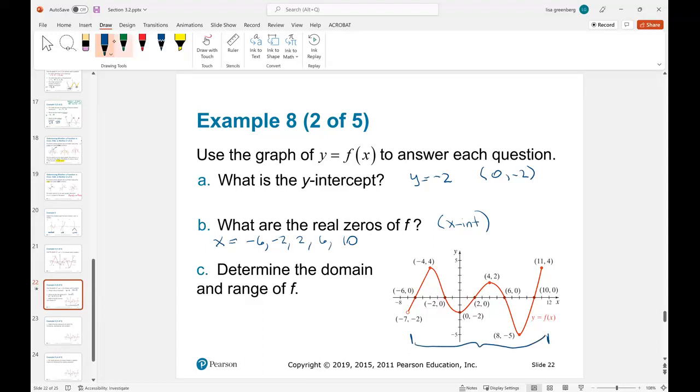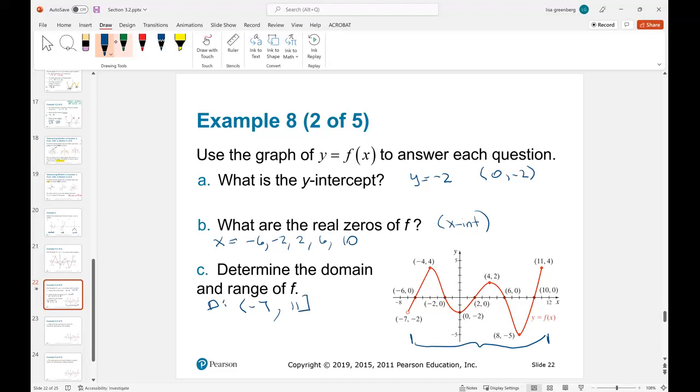Where it begins and where it ends on the x-axis. So I can say my domain, where it begins is at -7, but I have an open circle. So I put a parentheses, and where it ends is at 11, right? And it has a closed circle.